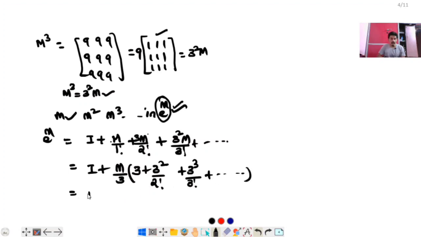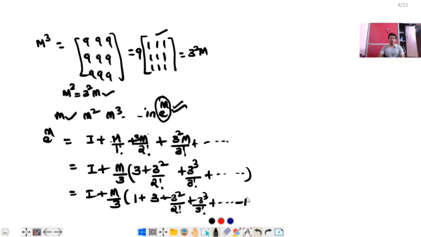Now I will write this equation. I will add 1 and subtract 1: 1 plus 3 plus 3 square by 2 factorial plus 3 cube by 3 factorial, and so on, minus 1. Why? I add 1 here and subtract 1 here.